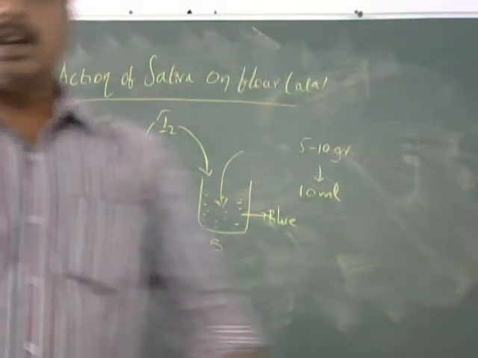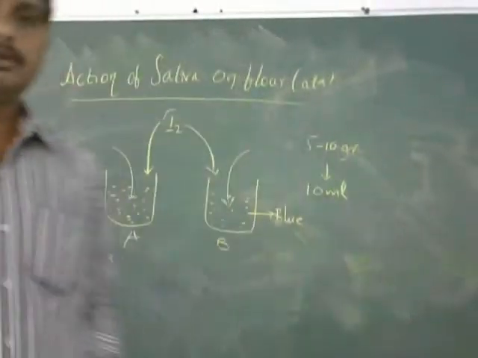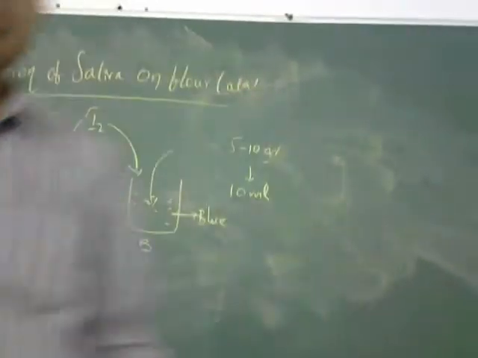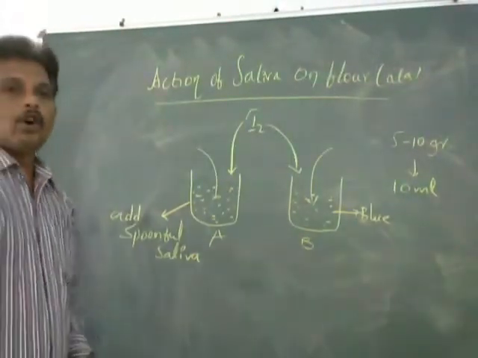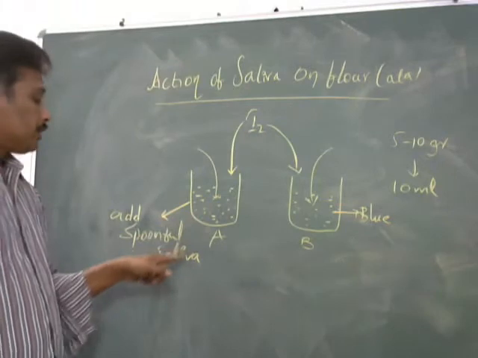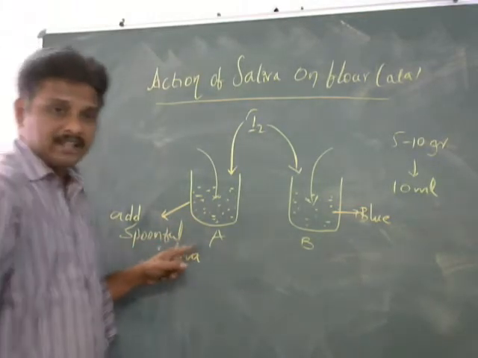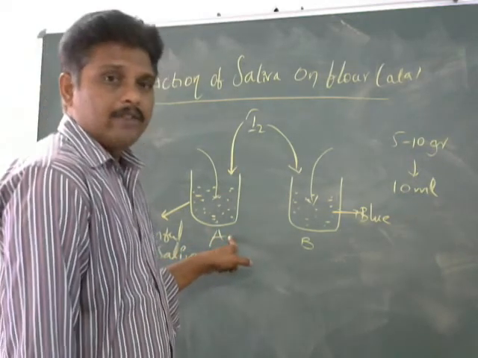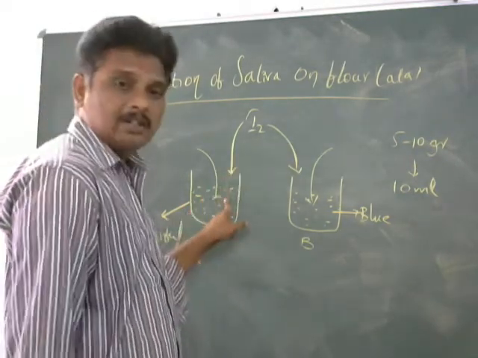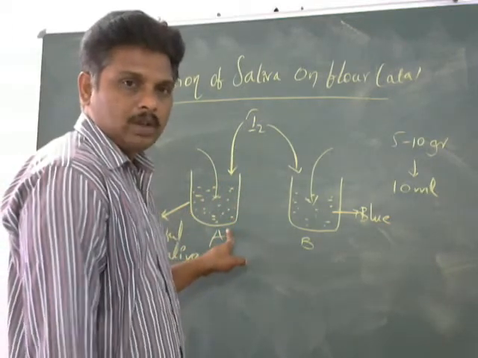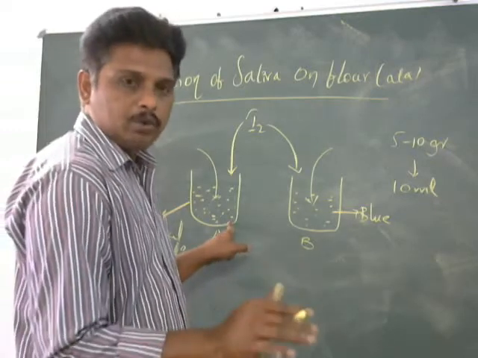This indicates that the enzyme present in saliva, salivary amylase, acted upon starch and converted the starch into dextrose sugar, a somewhat simple form, not completely to glucose.